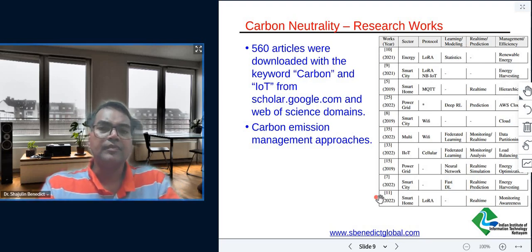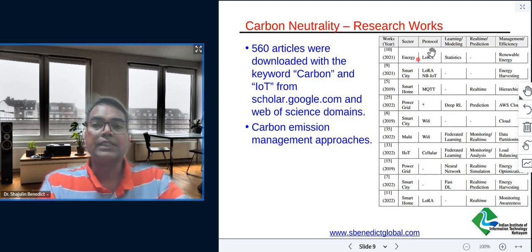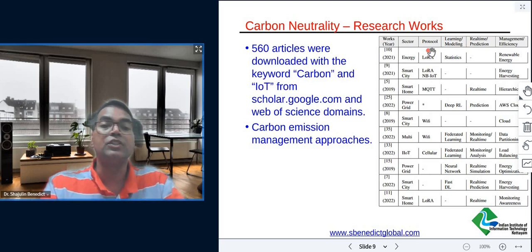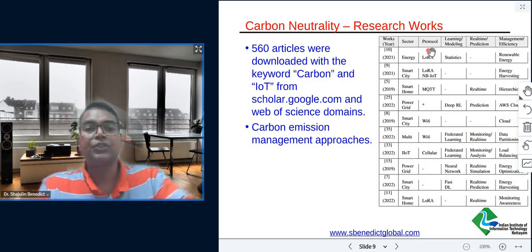And they tried to minimize carbon emissions with the help of including some better communication protocols. Out of most of the communication protocols that we could observe, they are mostly focusing on LoRa based technology, which is long range wide area network.